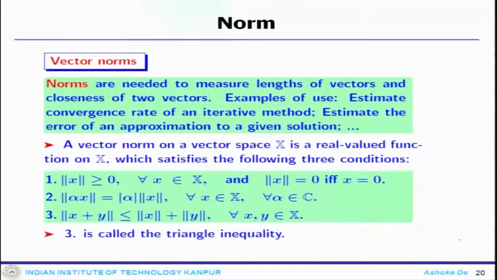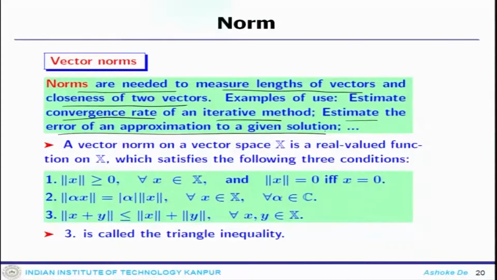Now, once you get the inner product of two vectors, you can actually estimate the vector norms. Norms are needed to measure lengths of vectors and closeness of two vectors. For example, you can estimate the convergence rate of an iterative method, or estimate the error of an approximation to a given solution.